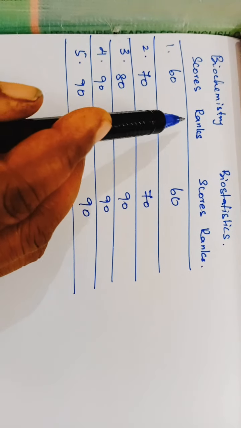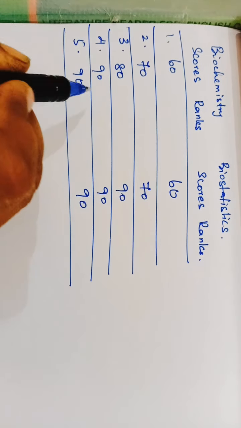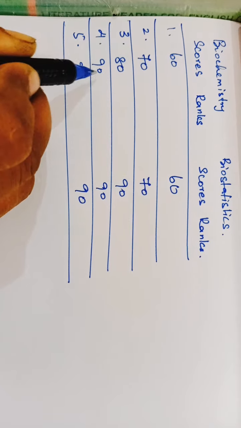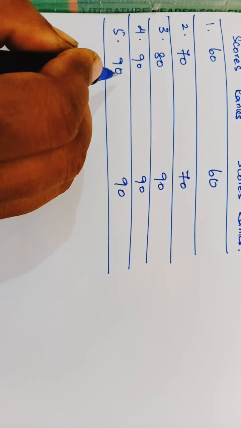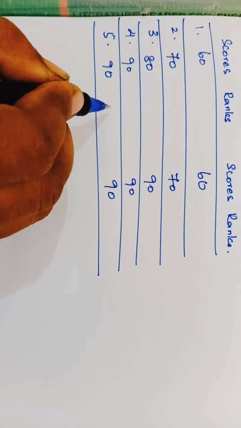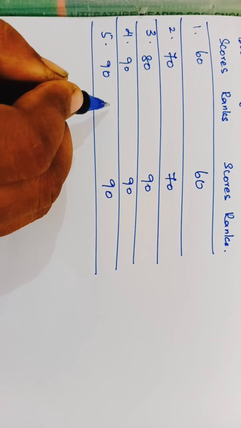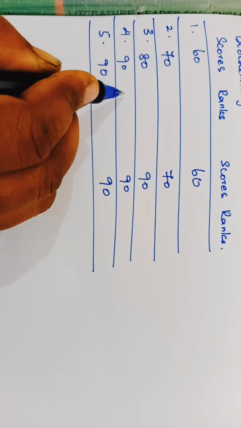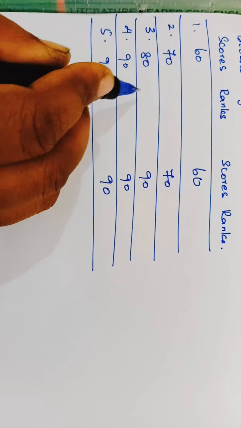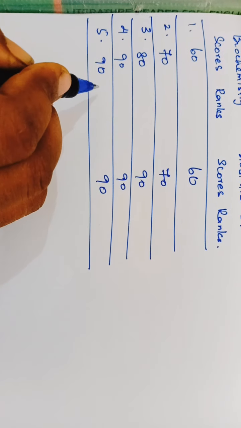So now let us assign ranks for this course. Since 90, 90 is repeated 2 times, normally we would give 90 rank 1, and for the other 90 also rank 1. But statistically we are not supposed to give the same ranks.